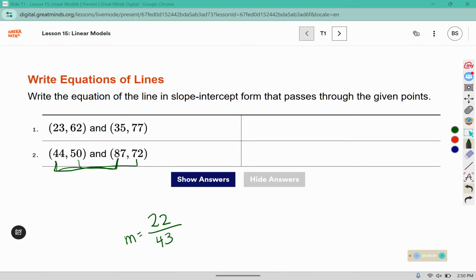We can either write it in point-slope form and convert it to slope-intercept form, or we can solve the equation for b. We'll replace the y value and x value with one of these points. 22 times 44 will give us the numerator.